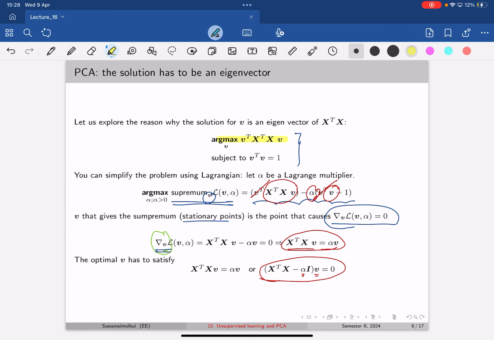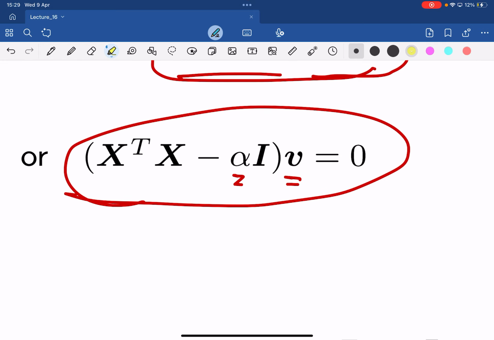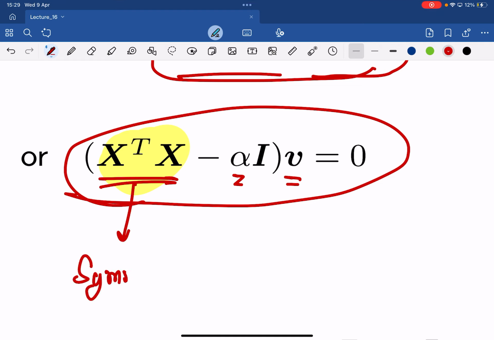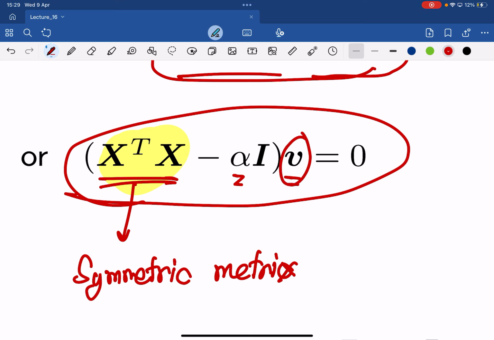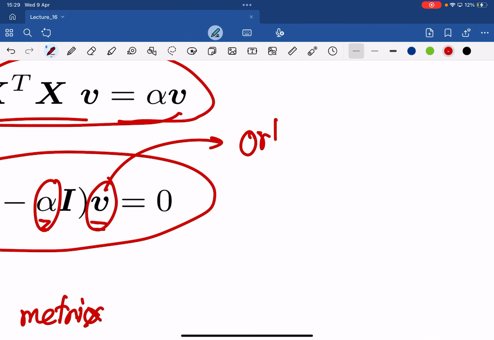Another thing that you have to notice is that whatever eigenvalue and eigenvector we are trying to extract here are going to be the eigenvalue and eigenvector corresponding to the matrix X transpose X. In fact, X transpose X results in a symmetric matrix. And if you remember, once we extract the eigenvalues and eigenvectors of a symmetric matrix, those eigenvectors will be orthogonal.